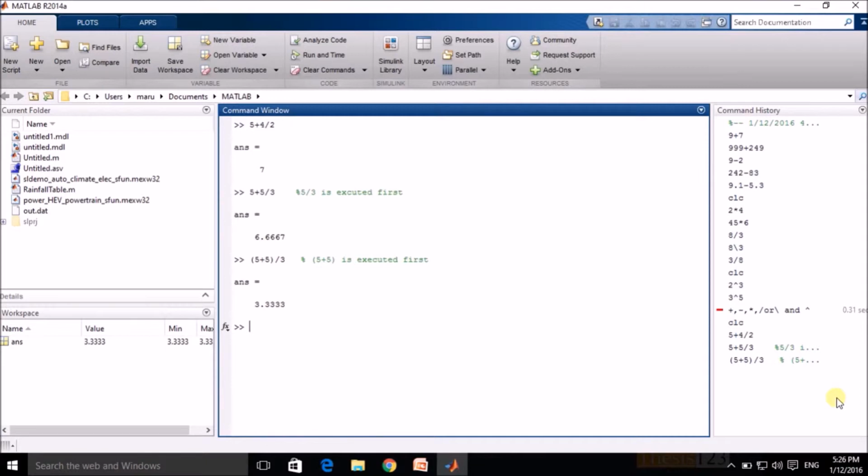Whereas, coming to another expression, 5 into 5 by 3. What is the first thing exactly? Which one is executed first? 5 into 5 is executed first.